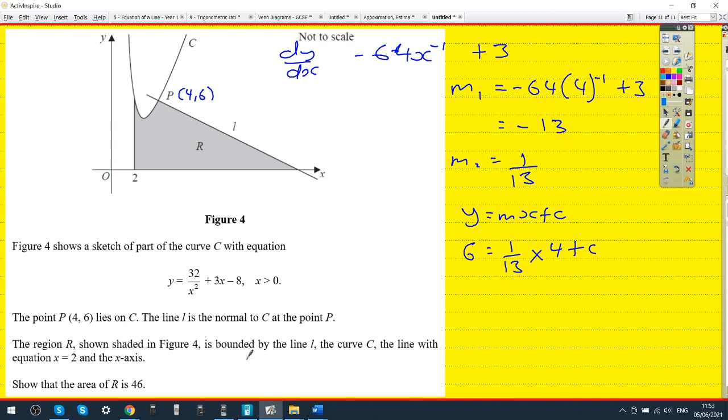You get 74 over 13 equals c. So now the equation for that is y equals 1 over 13x plus 74 over 13.